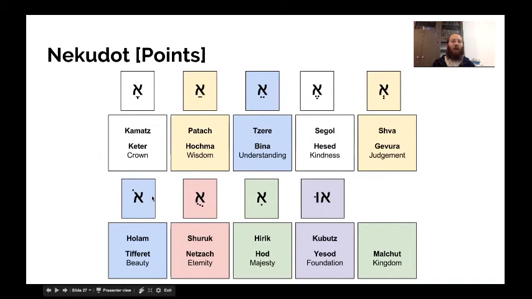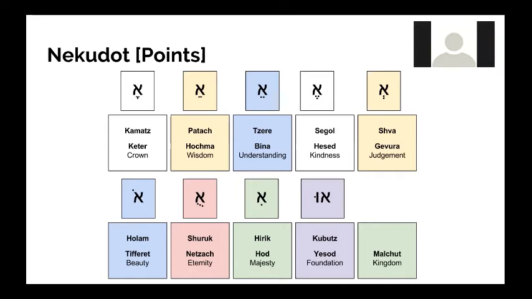Then you've got cholam, then you've got shuruk, chirik, and kibbutz. So you can see how even the pronunciation of the punctuation has the punctuation in it. It's self-defining. And these are the vowels, is that right? Exactly. This is like what would be in English A, E, I, O, U.